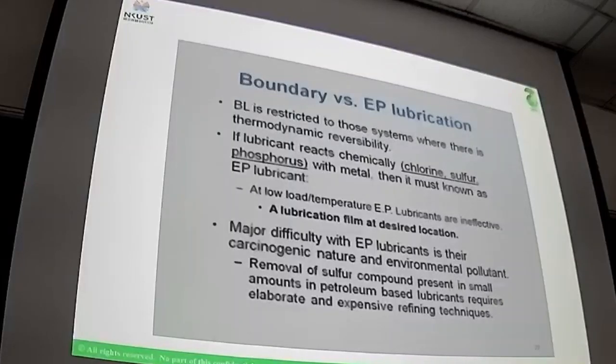So for boundary lubrication, it's restricted to those systems where there is thermodynamic reversibility.